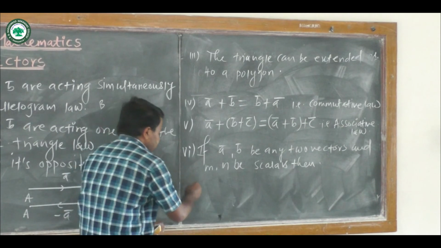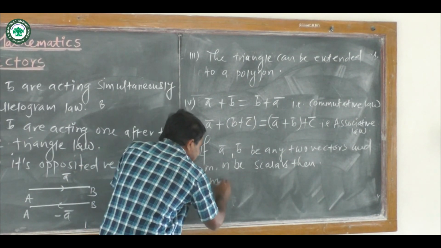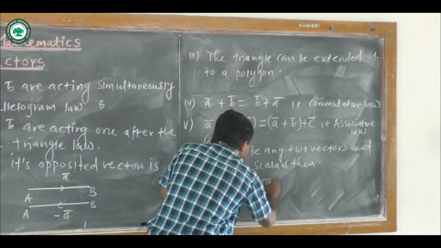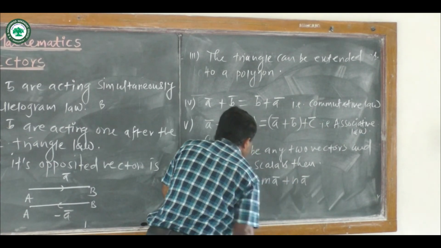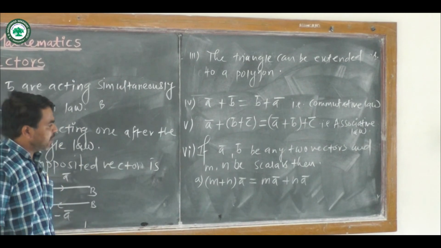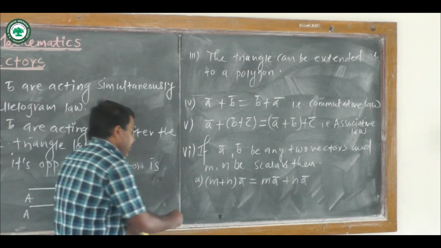Then we have: m plus n into A bar is equal to m into A bar plus n into A bar.